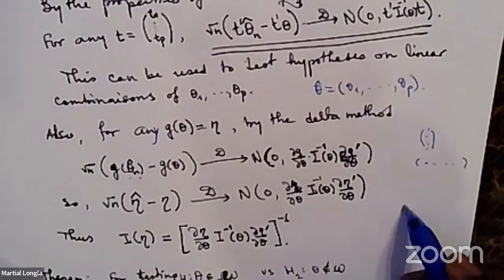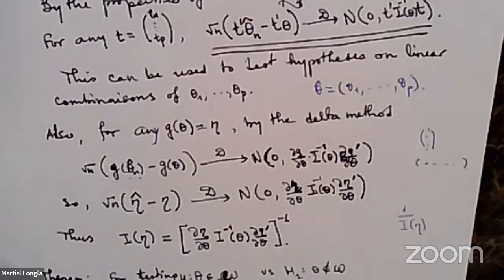It is 1 over I of eta, right? The variance in the CLT from the Fisher information is 1 over I of the variable you have, right? That we did maybe two lectures ago.